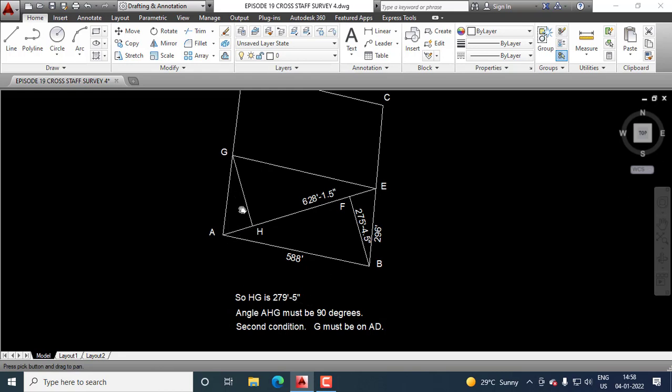Angle AHG must be 90 degrees. Second condition, G must be on AD.